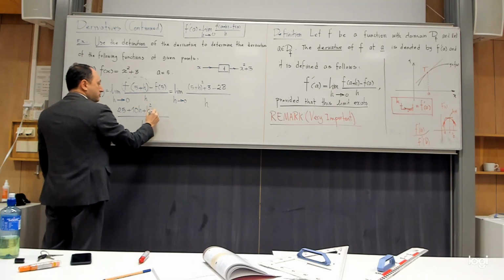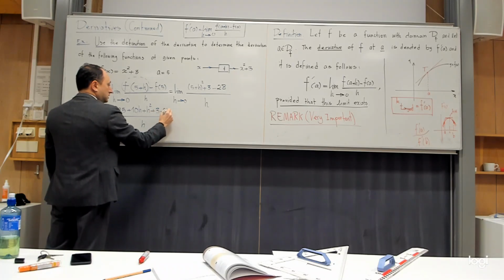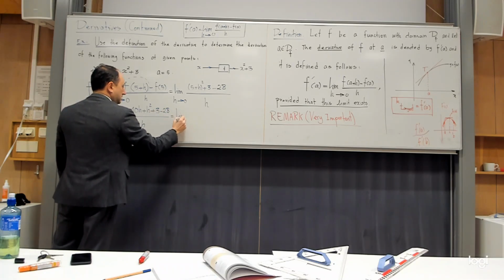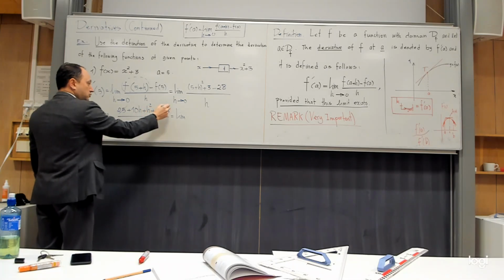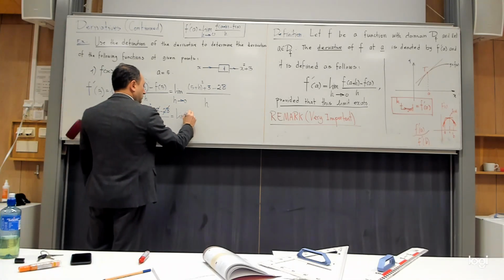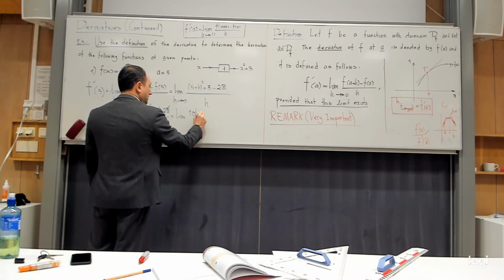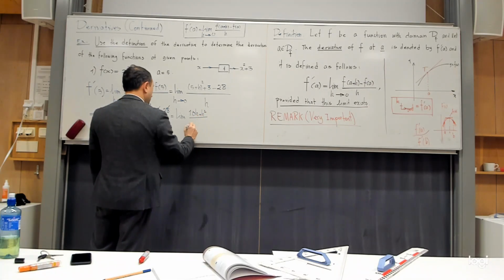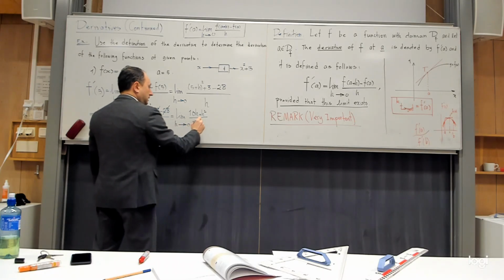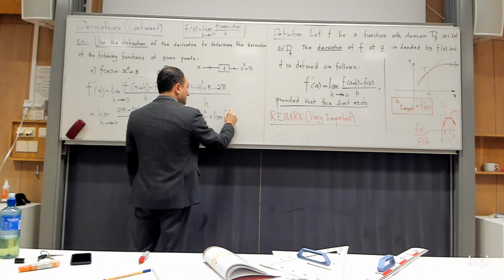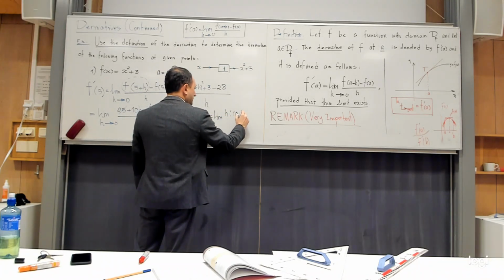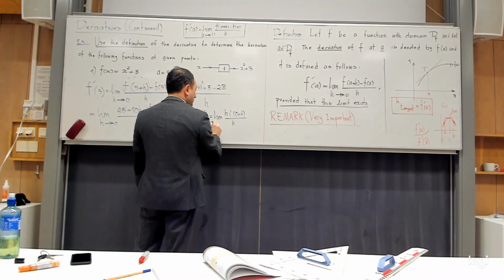And then plus 3 minus 28. You can see that 25 plus 3 is 28, minus 28 is totally gone. What is left for me is 10h plus h squared, divided by h, as h goes to 0. And then you factor an h out, you have the limit of h times 10 plus h, divided by h, as h goes to 0.